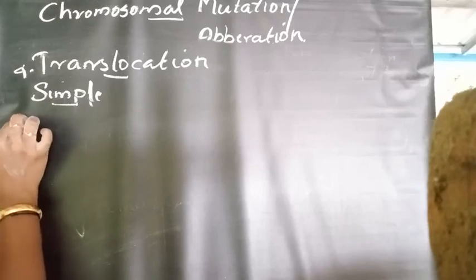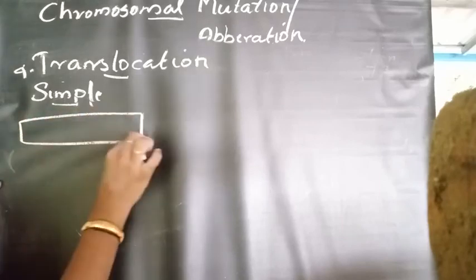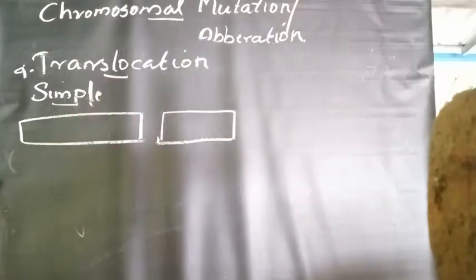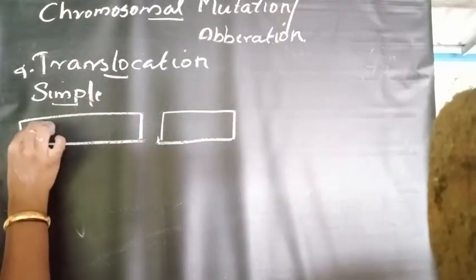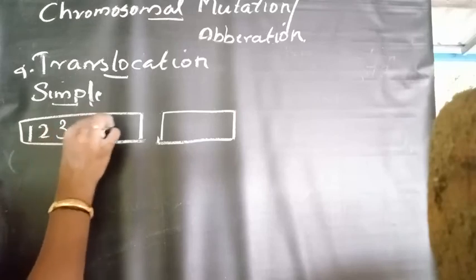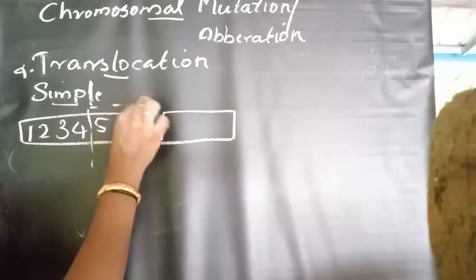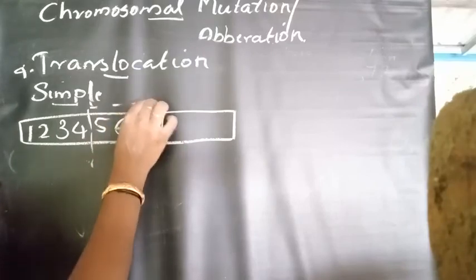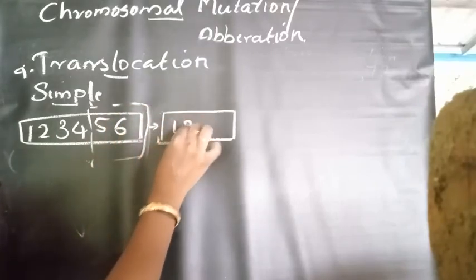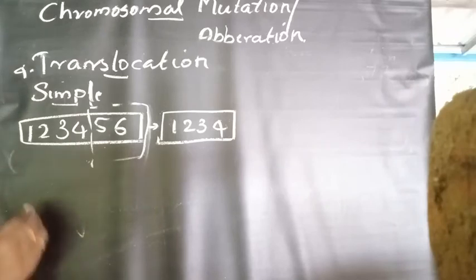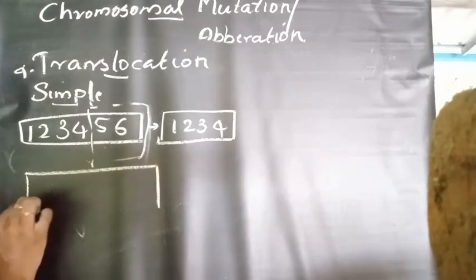Suppose, just think, this is a chromosome 1, 2, 3, 4, 5, 6. And what happened? This region breaks. As a result of this breakage, the chromosome will be 1, 2, 3, 4. And this broken region goes and attaches, a reunion, to another chromosome.